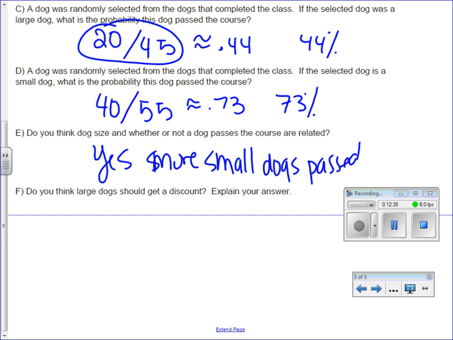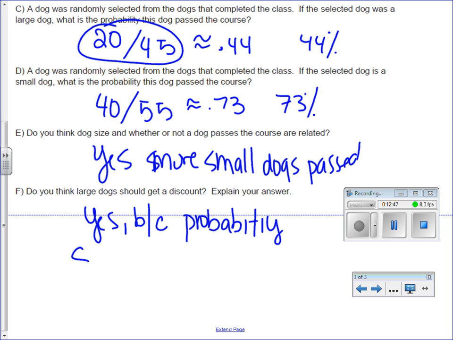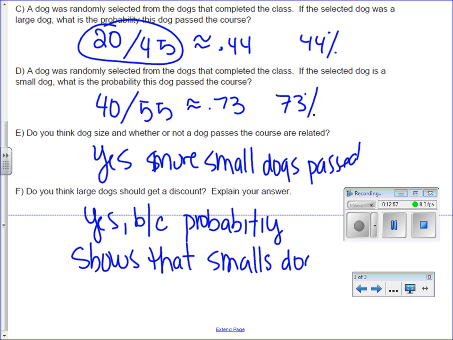So I would say, yes, I think that large dogs should get a discount because the probability shows that small dogs are more likely to pass.